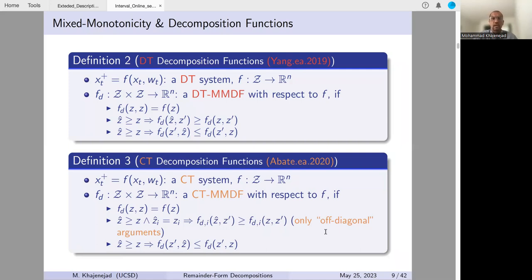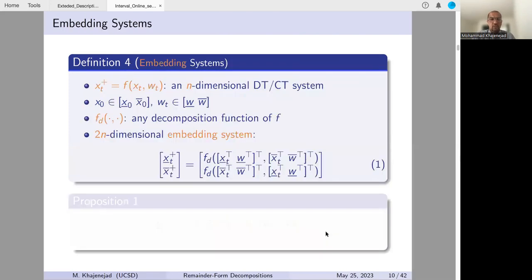If such an Fd can be computed for an F, then that Fd is called a decomposition function, and that system is called mixed monotone. Just to mention, these decomposition functions are not unique. There have been different suggestions for different types of decomposition functions for a given F.